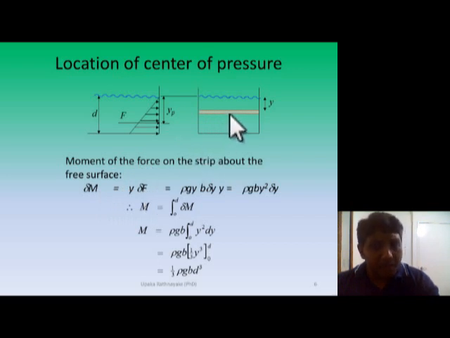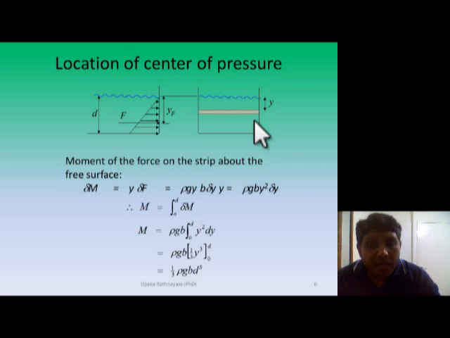It is the hydrostatic pressure force, which is equal to the pressure rho G Y, then area B delta Y, into the perpendicular distance of Y. That gives us rho G B Y squared delta Y.